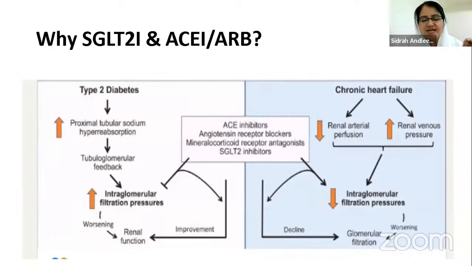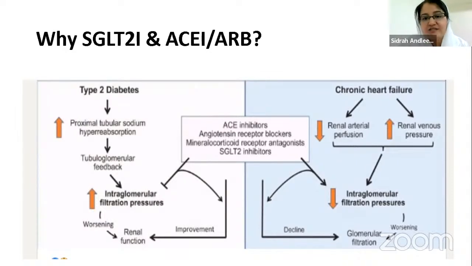Whenever you come across any patient with nephropathy, an ACE inhibitor and ARB is a must. Specifically with diabetes, if you have to control hypertension, the drug of first choice is an ACE inhibitor at maximum doses. You start at a lower dose and upgrade to the maximum until the blood pressure is under control, because it has the mechanism of reducing the glomerular blood pressure.